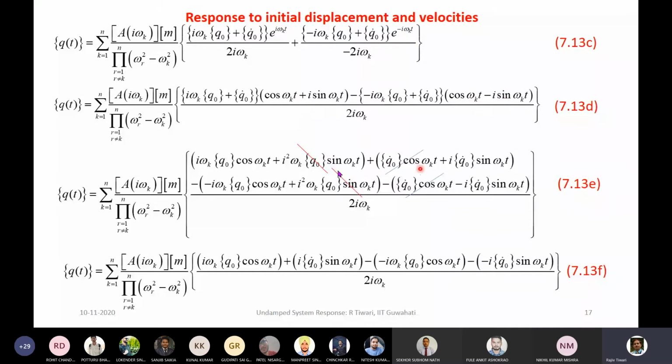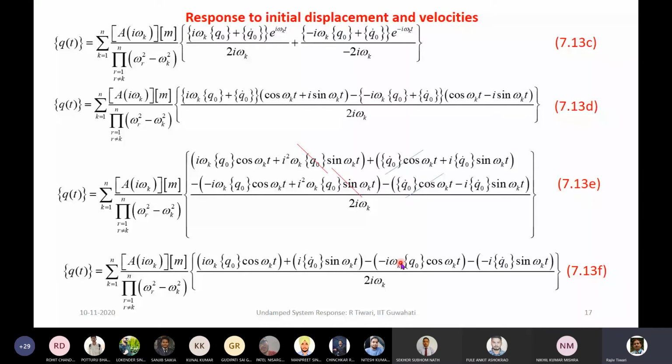So if you expand this and multiply, some terms will get cancelled, and you'll get a simplified form of the equation like this. The denominator remains the same. A negative sign has been incorporated in the numerator part. So this can be simplified further.